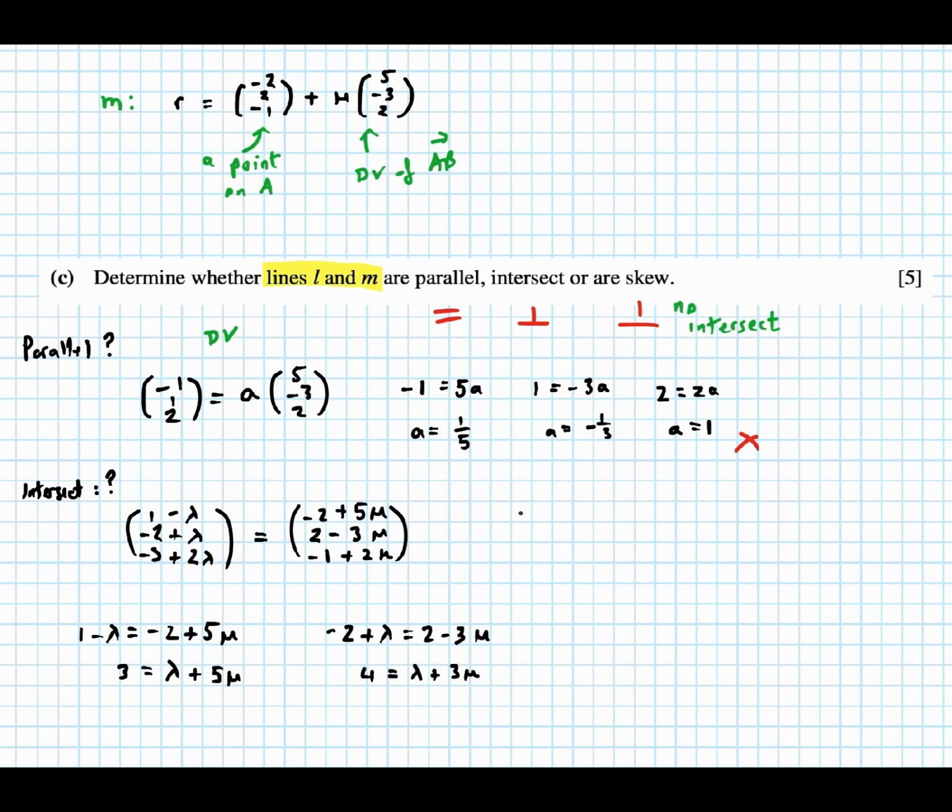You know, they intercepted. They crossed each other. So there's our two. We just use them. So simultaneous equation here. We have lambda on both, so cancel that out. So you get minus 1 equals 2 mu. So mu is equal to minus 1/2.